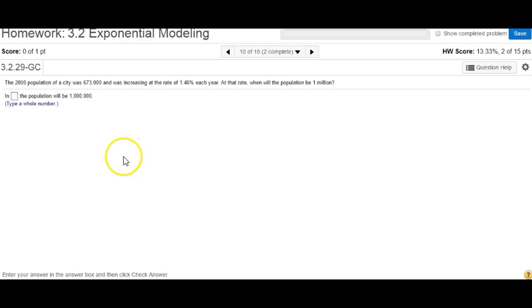And here's jumping ahead again, how do we actually find what year a certain population will be hit? They've given us an initial value. We know that P naught is going to equal 673,000. And they said that it is increasing at a rate of 1.46, now that's 1.46%.